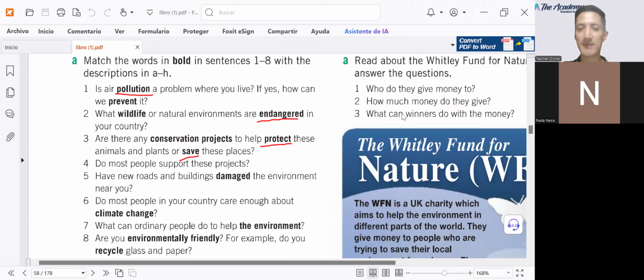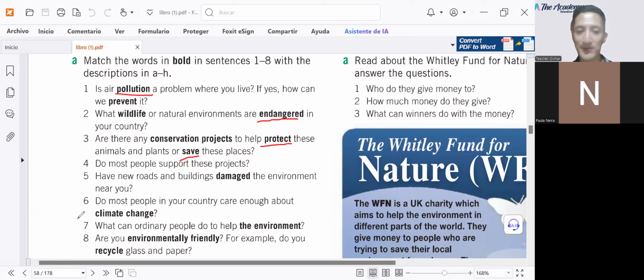Excellent. The next one, Paula, we have damaged. What is damaged? Damaged, for example, when there is a natural disaster, we say everything is damaged. Todo está destruido. Excellent.